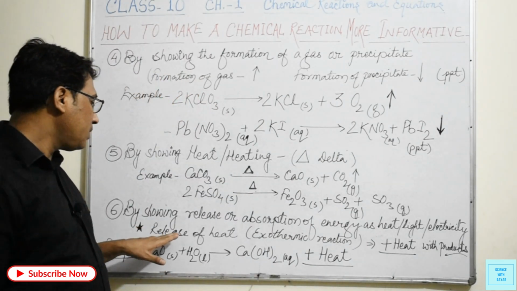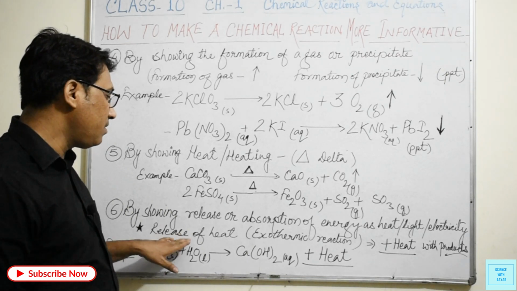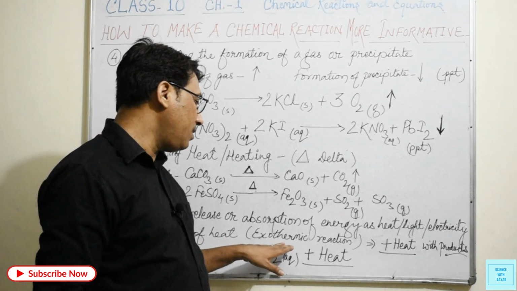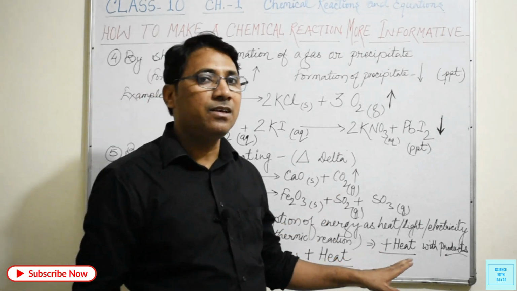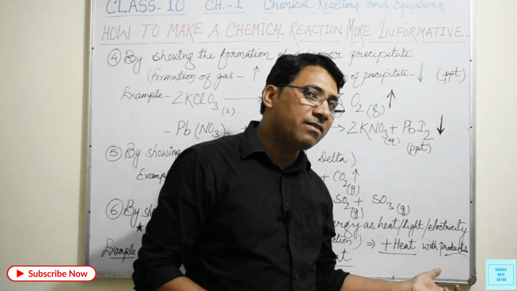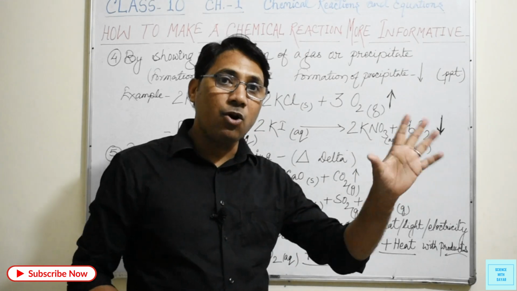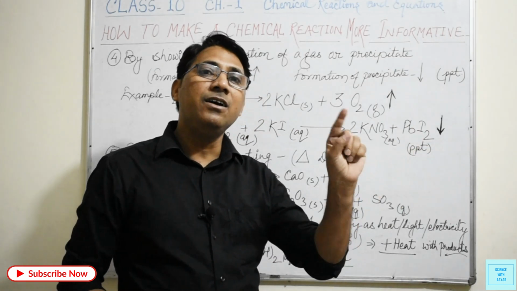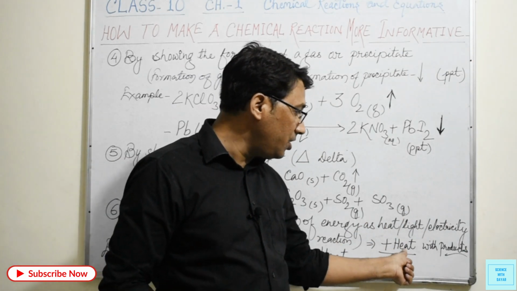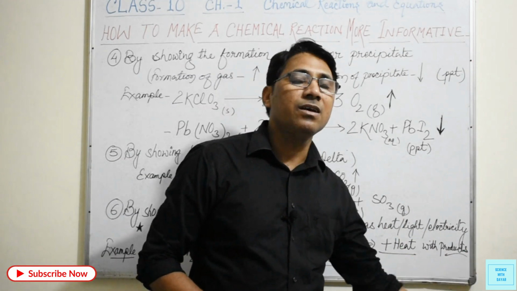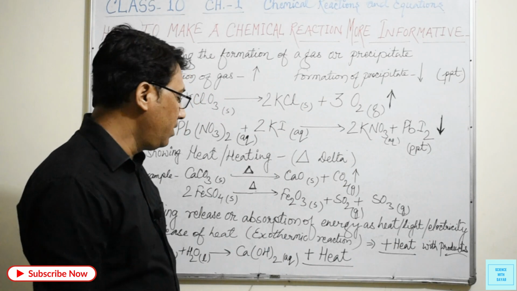For example, if heat is released, in that case the reaction will be an exothermic reaction, and heat is released in an exothermic reaction. In that case with the products we add heat with a plus sign. So plus heat with products can be shown as the release of heat.